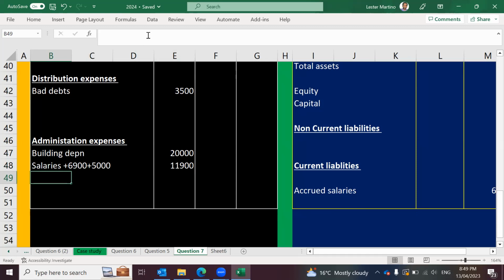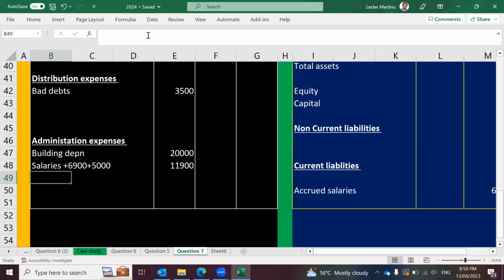Next one, depreciation. It goes to an expense of the administration, and it is added to the opening balance of accumulated depreciation, and cost minus accumulated depreciation, you put the carrying value closing. Third one, bad debts. You record bad debts in the profit or loss statement under distribution expenses.